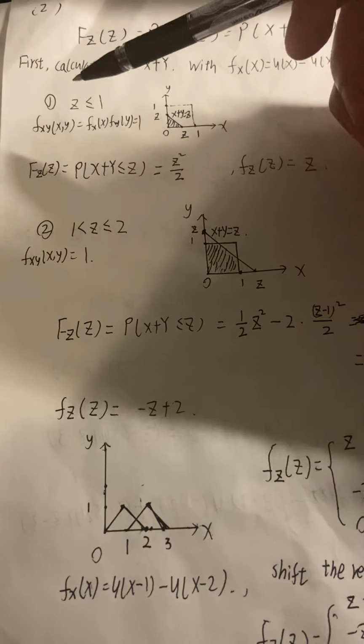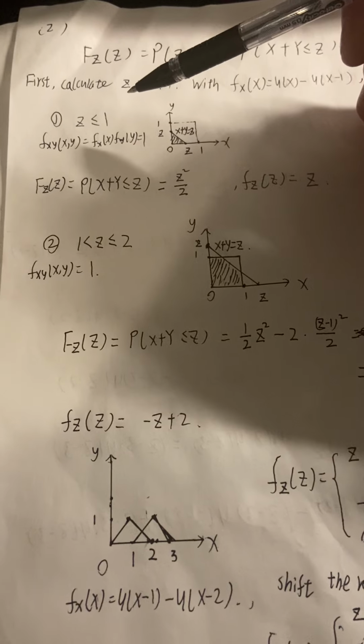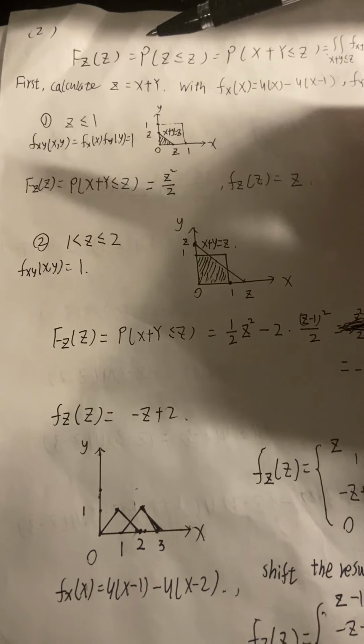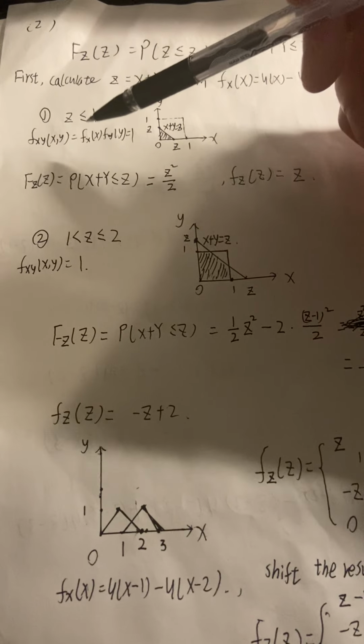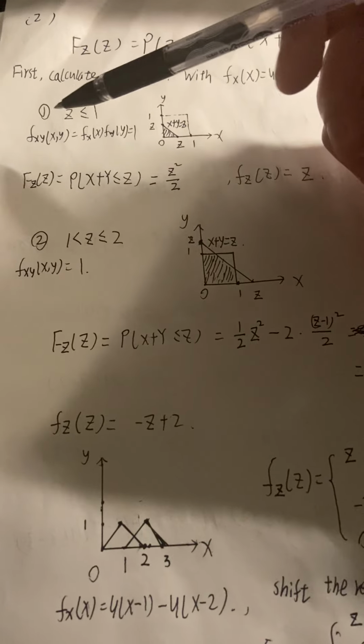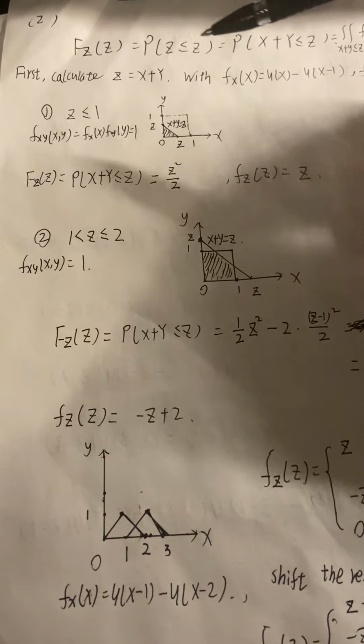The first condition is when z is less than 1. Now our joint density function fXY will be 1.